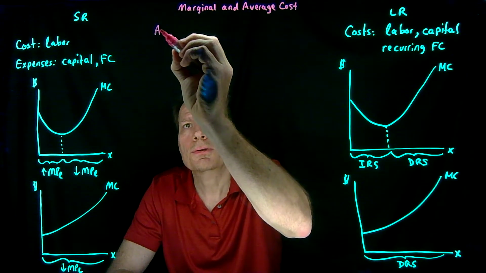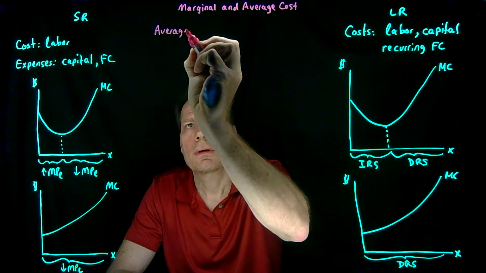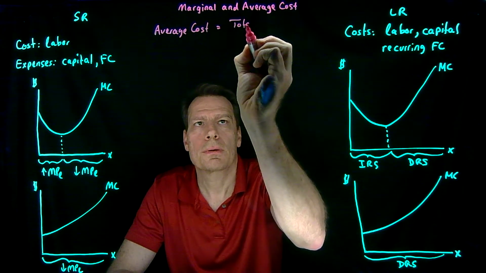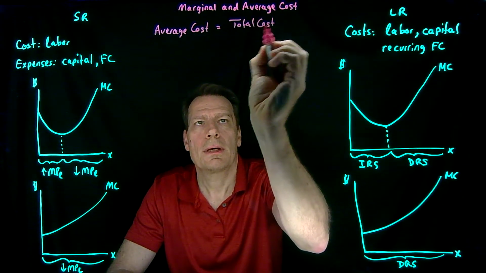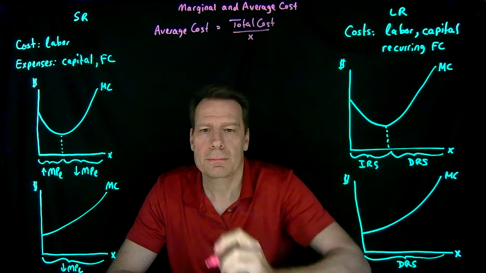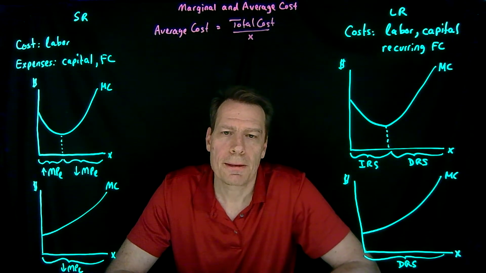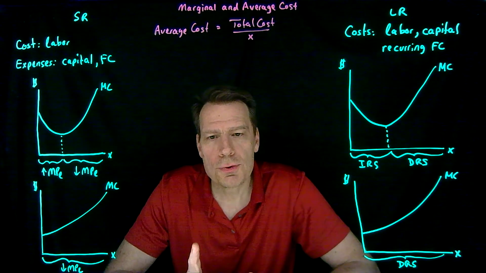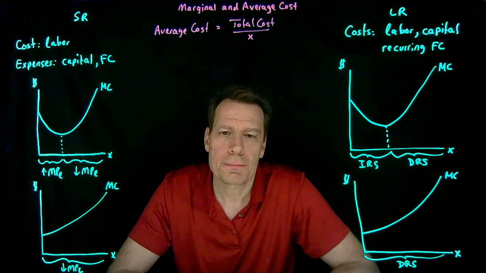Well, the average cost is equal to the total cost divided by output. That's just a definition. Now let's think about the average cost of producing the first unit of output in the short run.